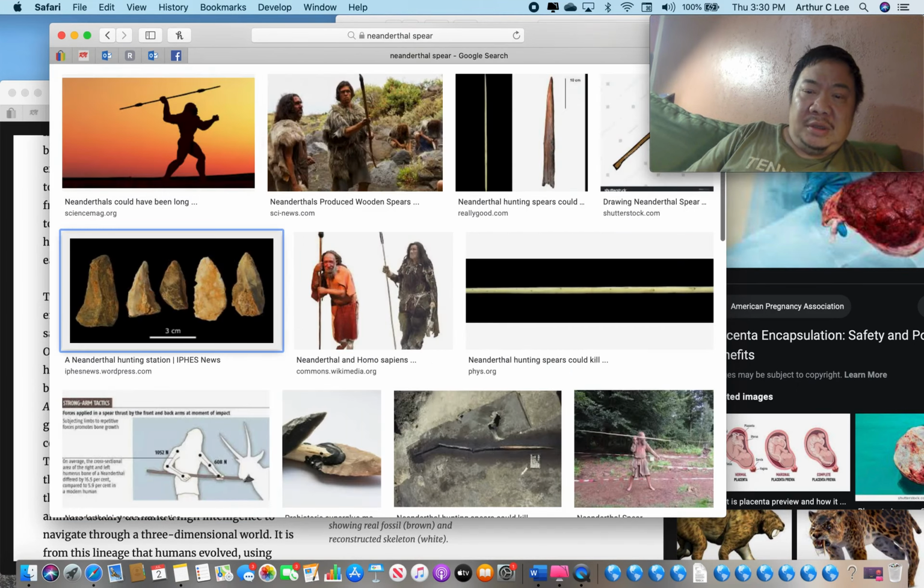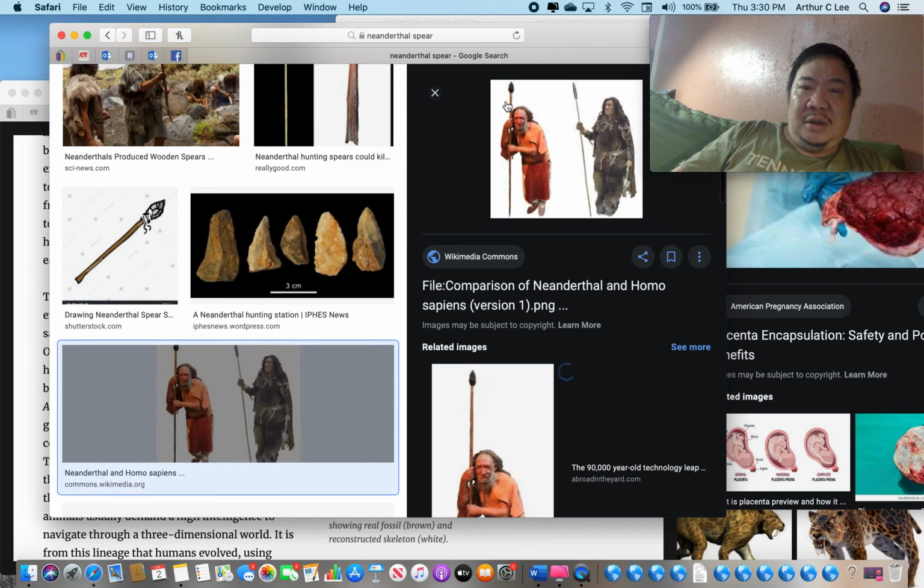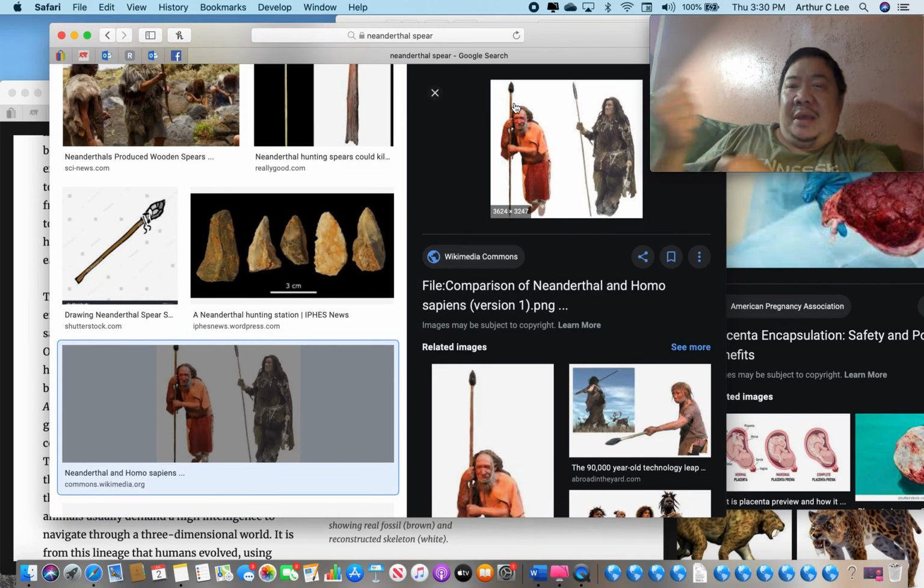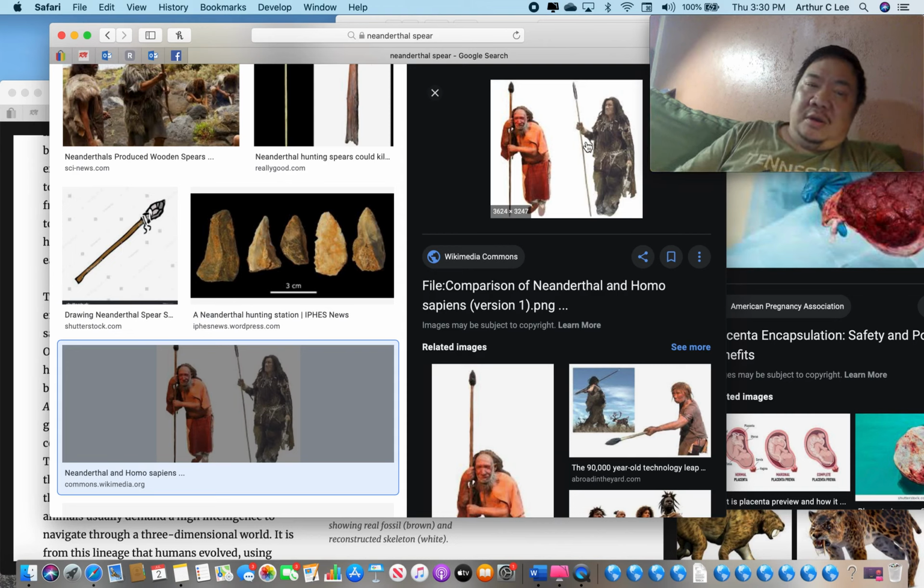Neanderthal males, their most prized weapon was this spear that they would carry around. Big, heavy spear. You can't throw that kind of spear. You have to stab with it. Whereas our ancestors developed the throwing spear, which allowed us to kill them from a distance. That was a huge advantage.